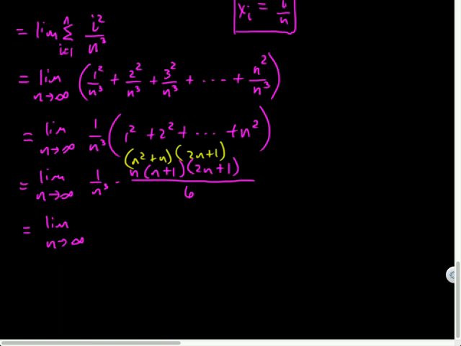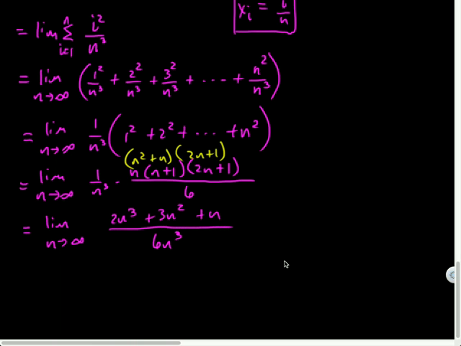What's my numerator going to be? n squared times 2n is 2n cubed. n squared times 1 is n squared, plus another 2n squared, so that's plus 3n squared. And then the last term is n times 1, which is plus n, all over 6n cubed.